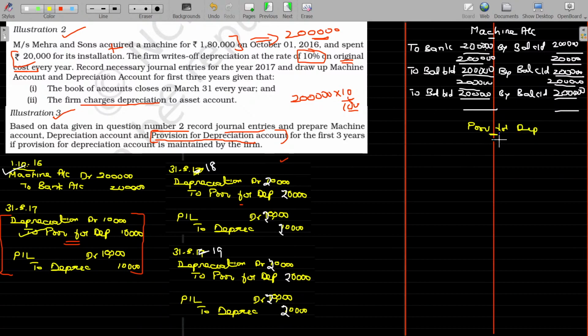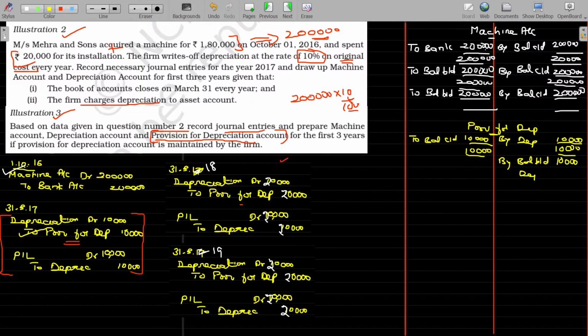For the first year, by depreciation, this value being 10,000. That's all. If I close the first year, we get a balance carried on of rupees 10,000. That 10,000 becomes the opening for the next year, by balance brought down, 10,000.